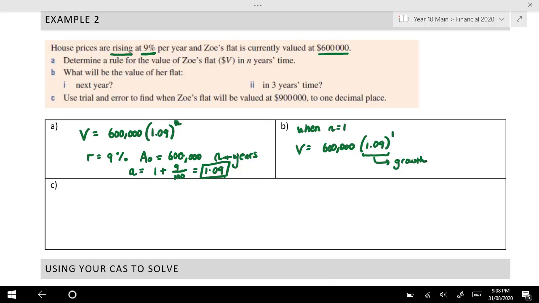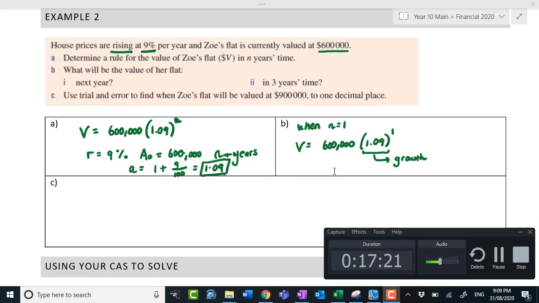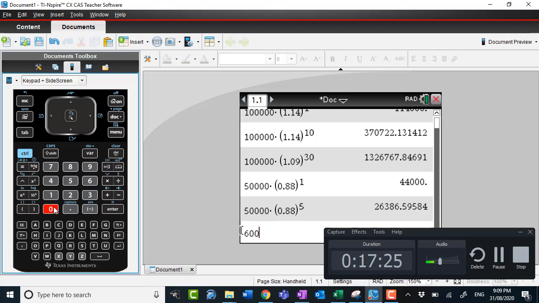Now, of course, I'll need to work that out. 10% of 600,000 is 60,000, so I'm guessing it's going to grow 54,000. So I'm hoping this is going to be 654,000. But we've got a calculator, so let's do that. 600,000 times 1.09 to the power of 1.